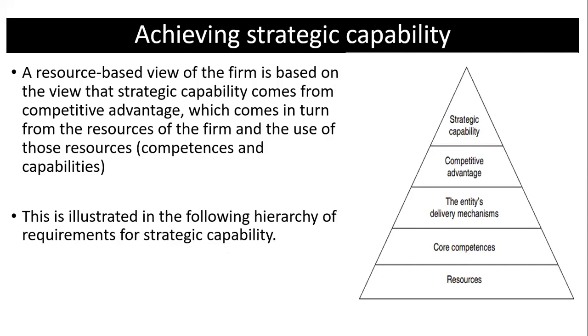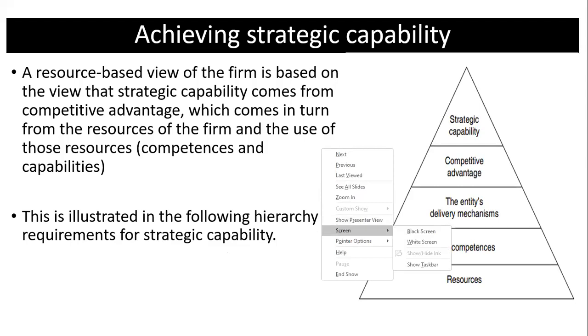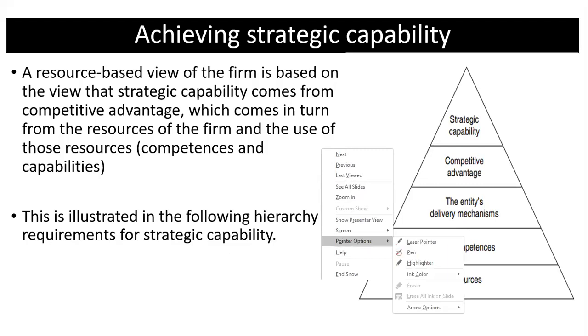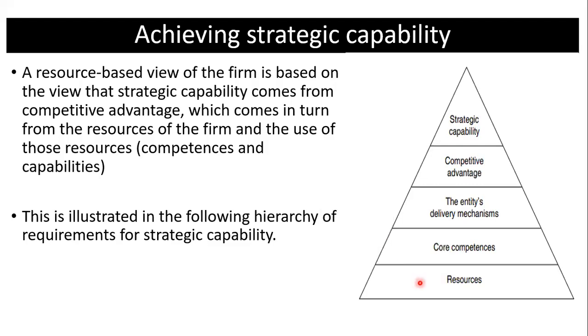Now, how do you achieve strategic capability? To achieve strategic capability, we can take a look from the point of view of the resource-based view, where an entity is expected to have its resources, and these resources are exploited well to create what we call core competencies.